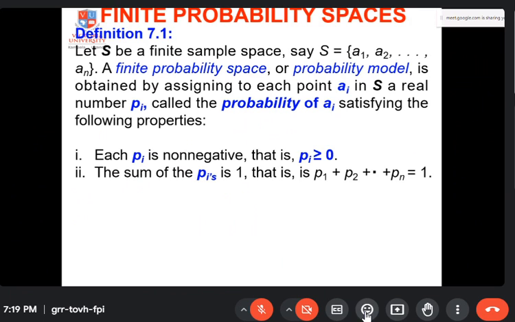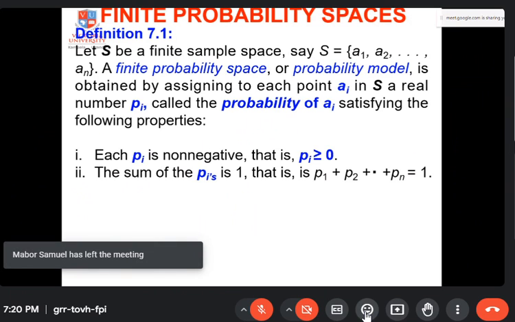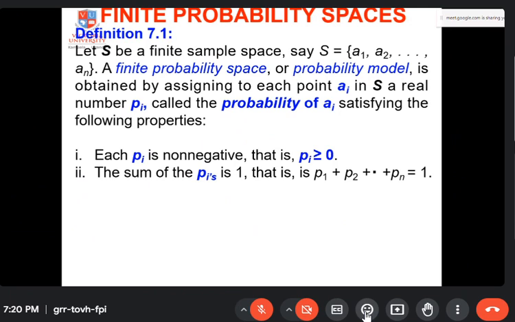Now, a finite probability space is obtained if each of those points, like for example, when we talk about a die, it has got 6 points, each of those points can be assigned a number which we call a probability of that point happening.